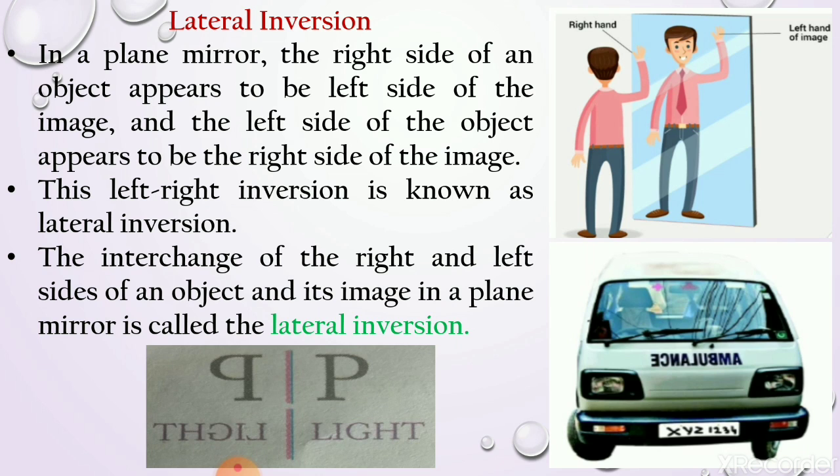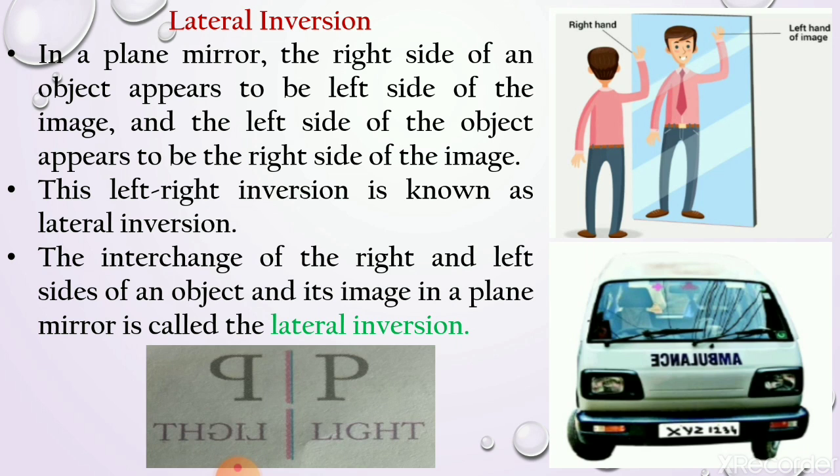It is written laterally inverted on the front side of the vans, so that when we are driving and a hospital van is coming from behind, we see it in the rear view mirror.